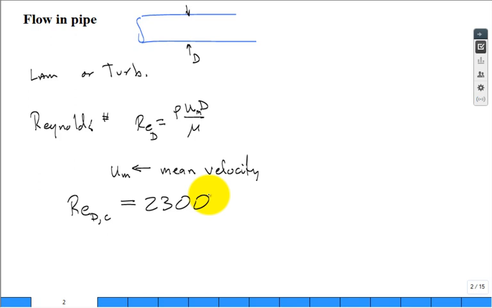Well, we do have some entrance region to the pipe. Let me come back here and modify this illustration. So the pipe, there's some region at which there's flow, and it's starting to develop. So right at the inlet to the pipe, the flow may be very uniform. That's what we would expect. If it's coming from a pretty quiescent tank, it's not going to have a large velocity distribution.